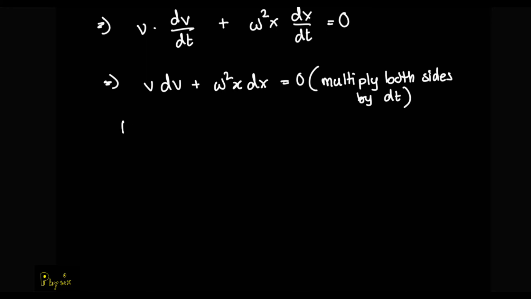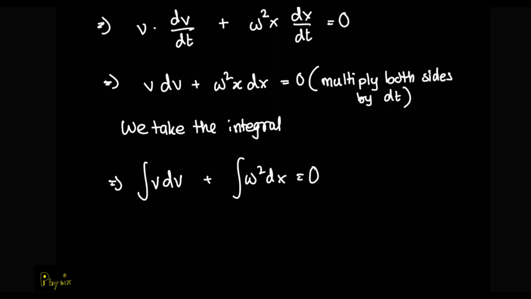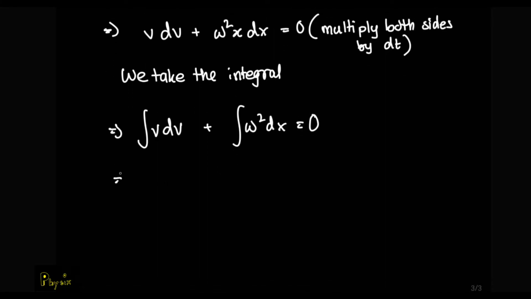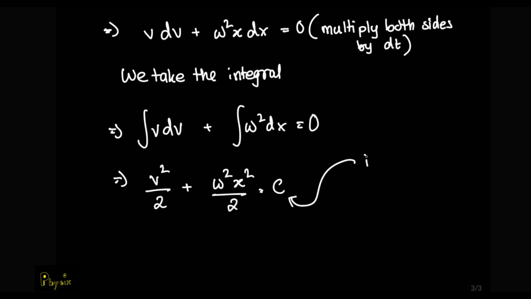Now what we do is we take the integral of both sides, and then we are left with, now we see over here, if we do the simple power rules that are required to integrate this function, we have that v squared over 2 plus omega squared x squared over 2 is equal to c, where c over here is the integration constant.